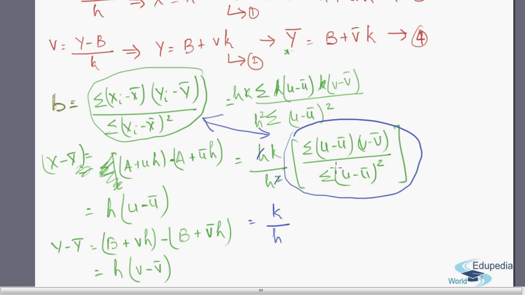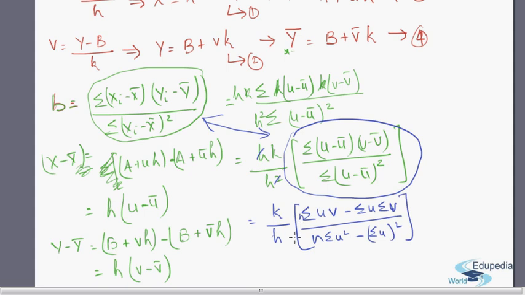So this could be written as, as we have worked out, n times summation uv minus summation u summation v, divided by n times summation u square minus summation u the whole square, right? So we will have exactly what we have got here.